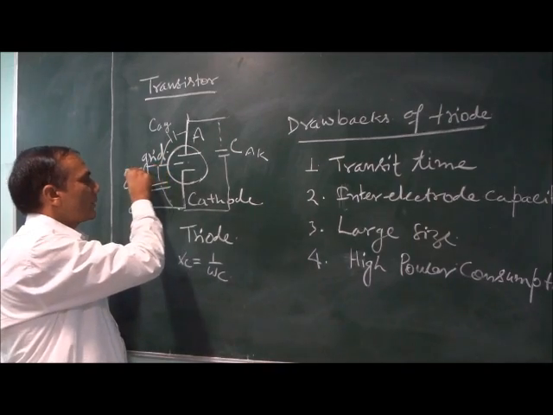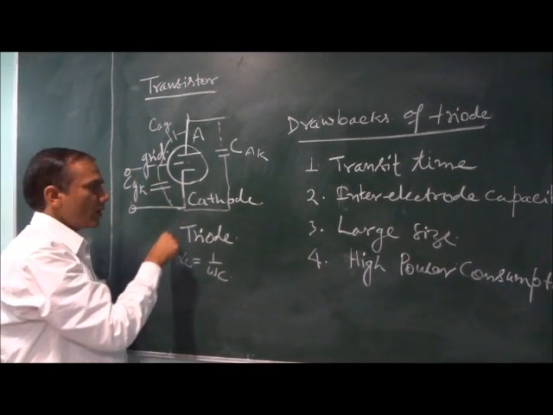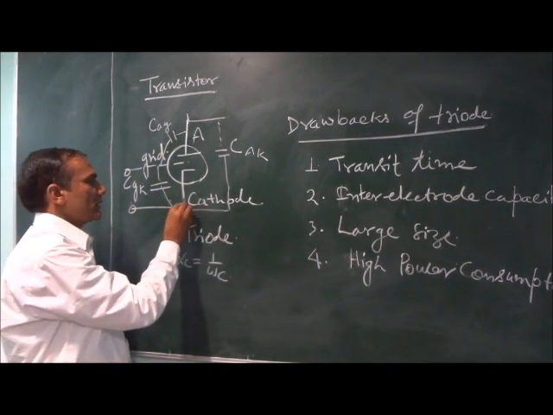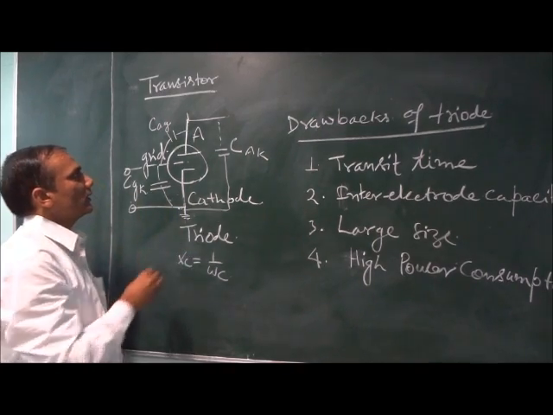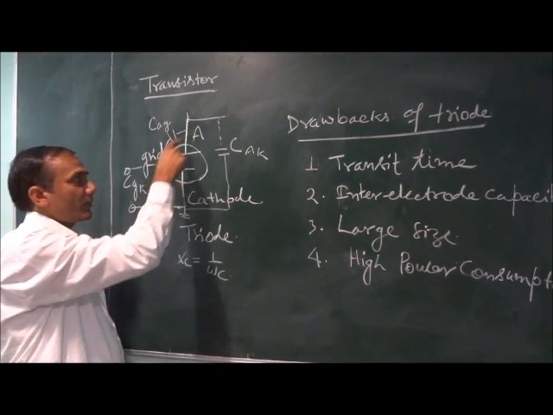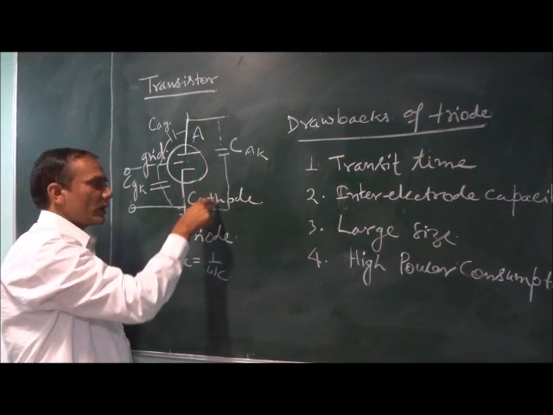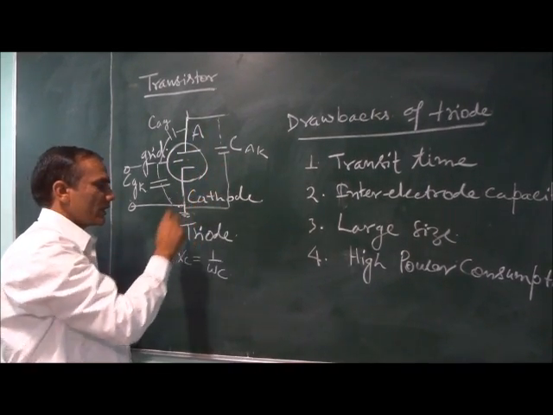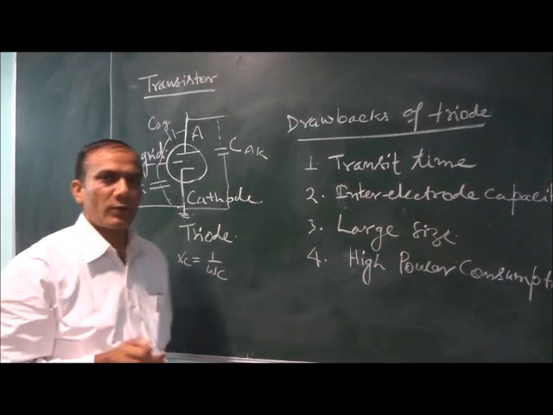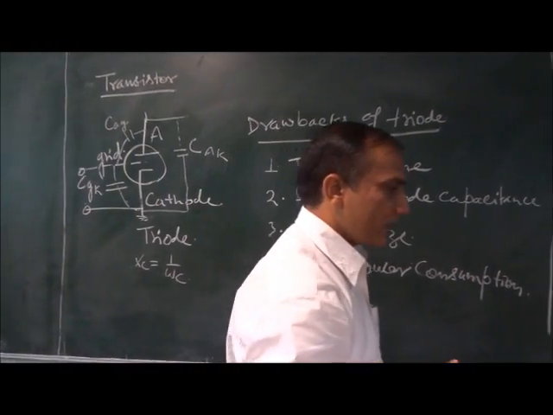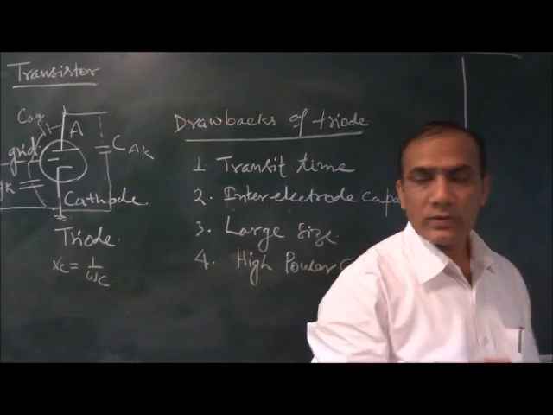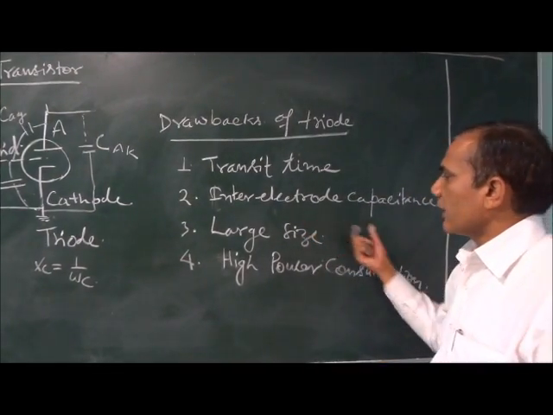That's why the input was getting dropped to the ground, since this electrode is to be grounded. In the same way, feedback came from the output to the grid, and output was also getting shorted through this capacitance. Hence the performance of the tube went down, and the efficiency and output of the triode went down. This was because of inter-electrode capacitance.